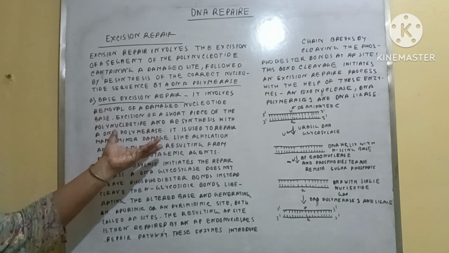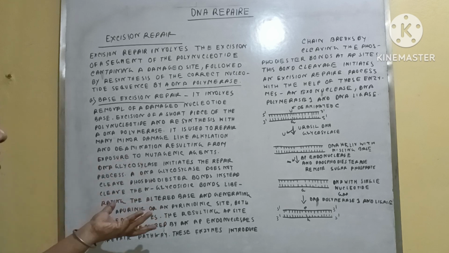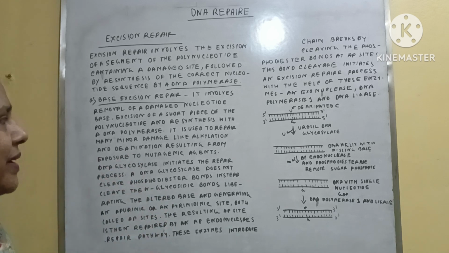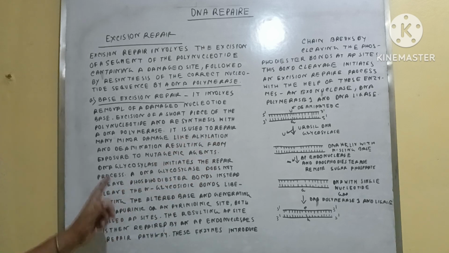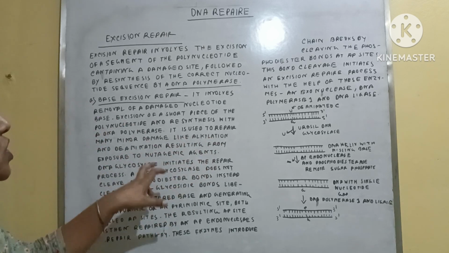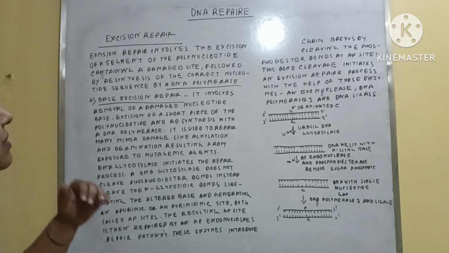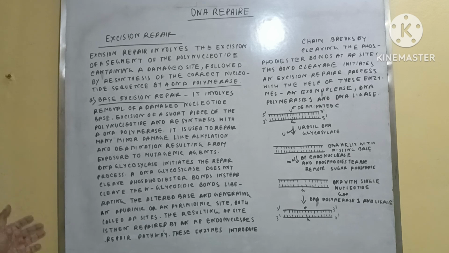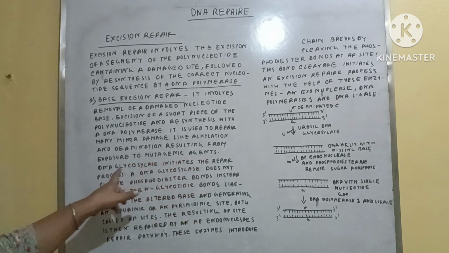This repairing process is seen when the DNA is damaged in different ways, like alkylation or deamination, or exposure to mutagenic agents. DNA glycosylase initiates the repair process.